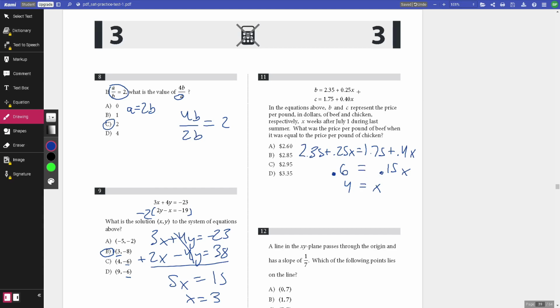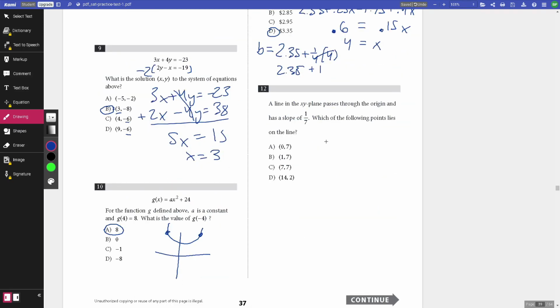So just plug it into one of the equations above. It looks like 0.25 is 1/4, which cancels out nicely. So we'll use the equation for b. You plug in x, this cancels, this becomes 1 plus 2.35. 1 plus 2.35 is 3.35.